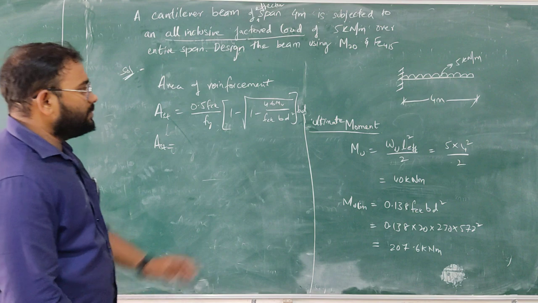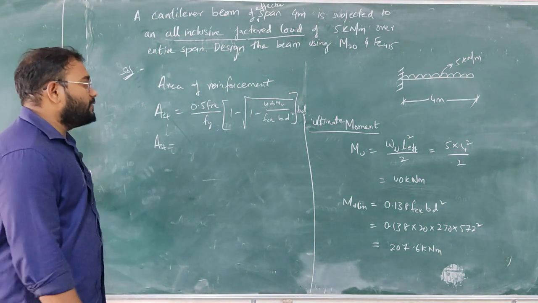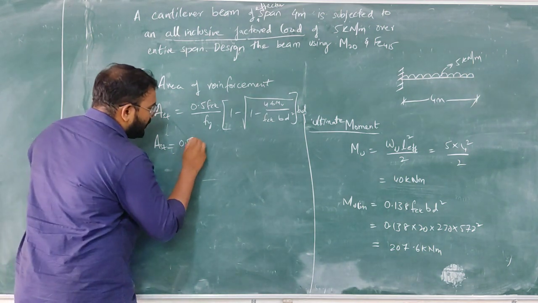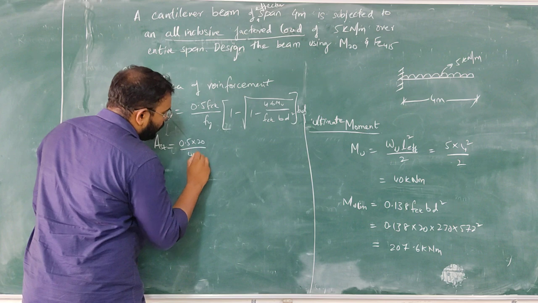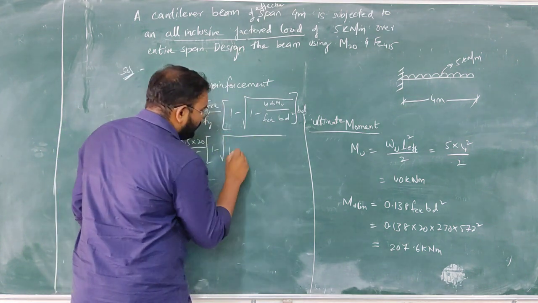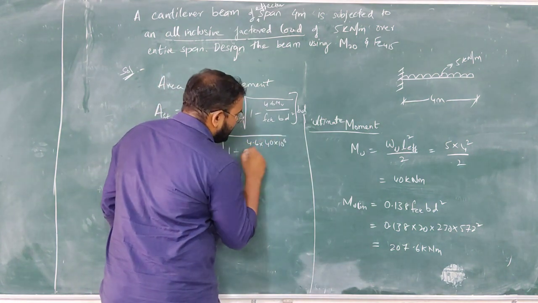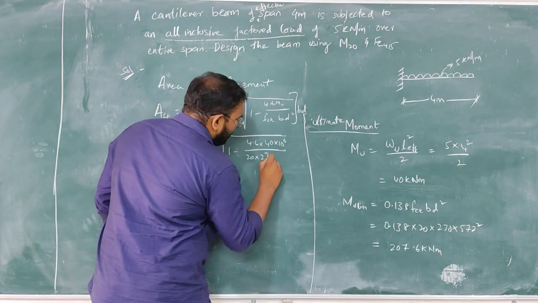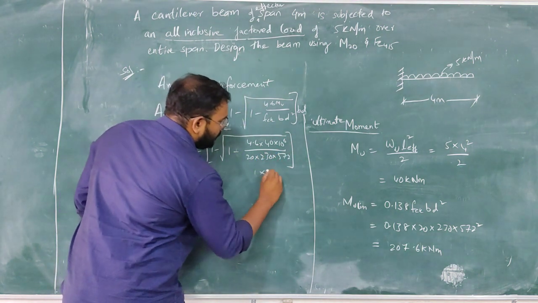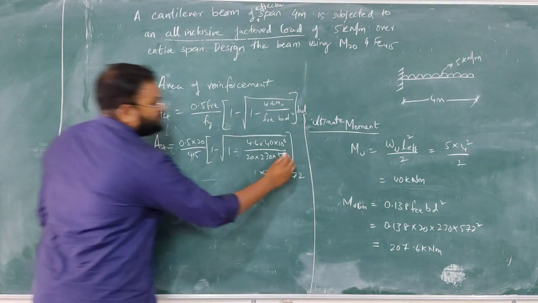Mu is, what is Mu? 40 10 to the power of 6. Okay, substitute all the values. If you want, I'll write 0.5 into 20 by 415 multiplied by 1 minus root of 1 minus 4.6 into 40 10 power 6 divided by 20 into 230 into 572 square, into 230 into 572 square.